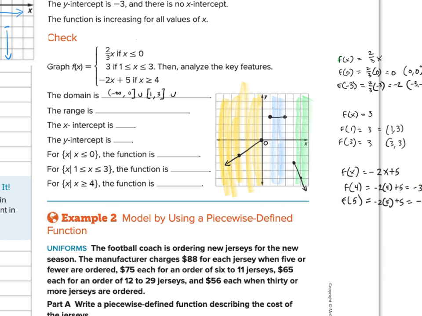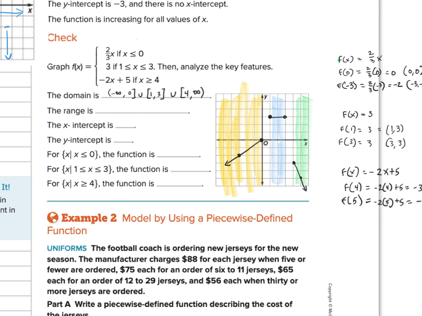And then I also have from 4 to positive infinity. So there's my domain. We do have some gaps. This is a gap, this is a gap. It does not exist in between there.